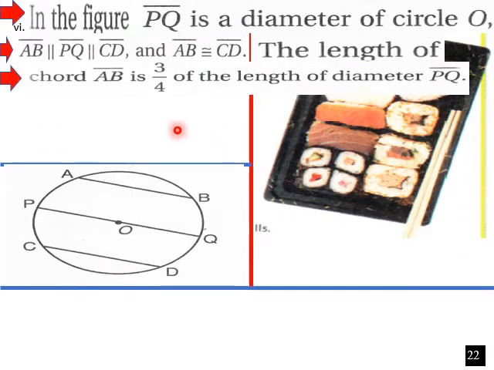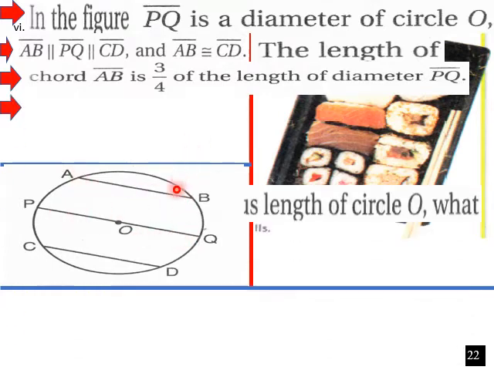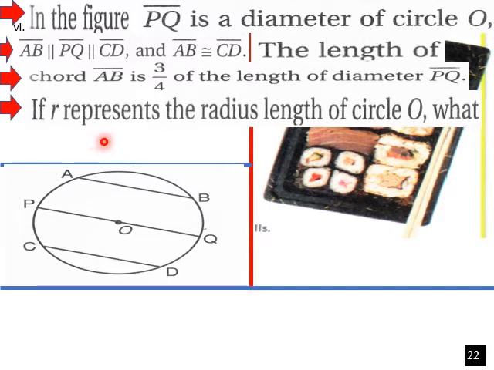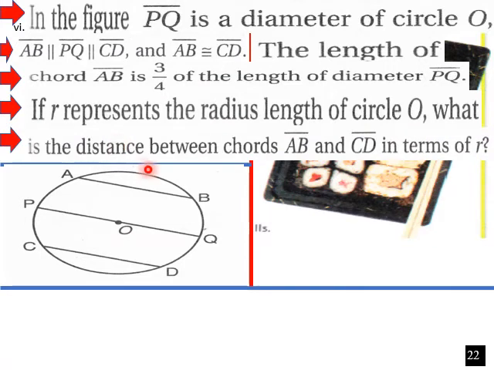The length of chord AB is 3/4 of the length of the diameter. So this is 3/4 of this here. If R represents the radius length of circle O, what is the distance between chords AB and CD? So what is this distance here between AB and CD in terms of R?